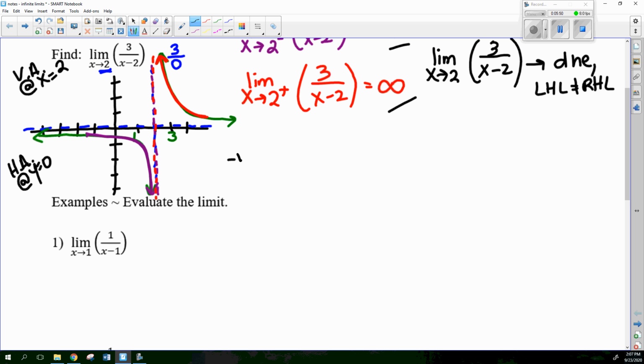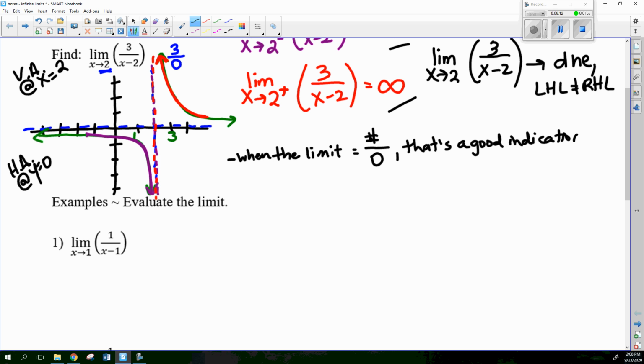So when the limit equals a number other than 0 divided by 0, all right, that's a good indication that it could be an infinite. All right, so that's your indicator.